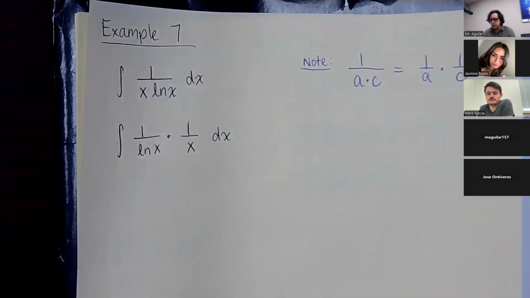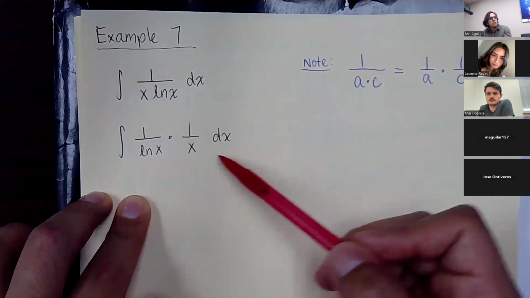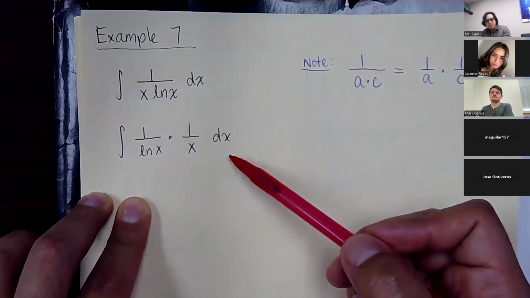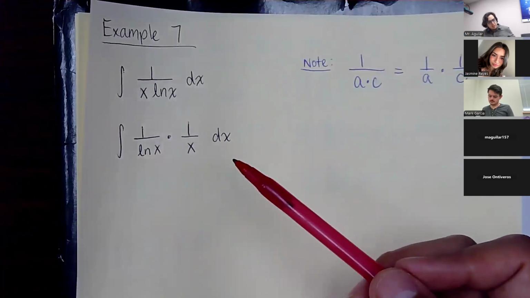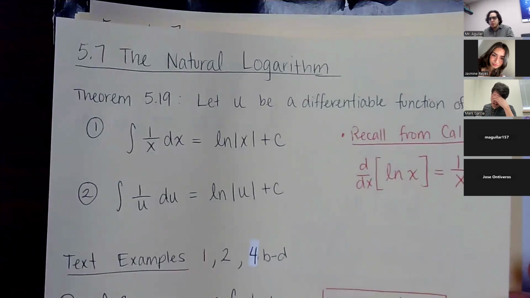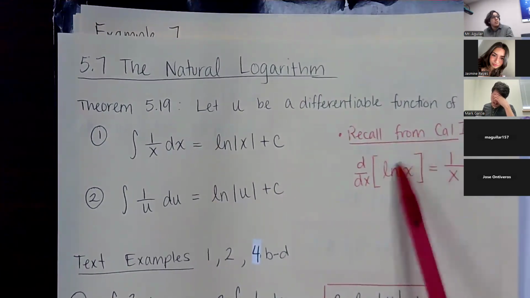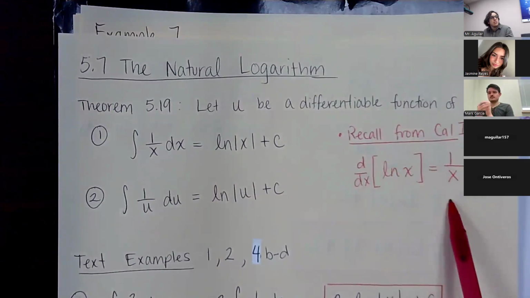And so we have to remember what's the derivative of one of these other things in the problem. Recall from Cal 1, the derivative rule: the derivative of the natural log of x is 1 over x.